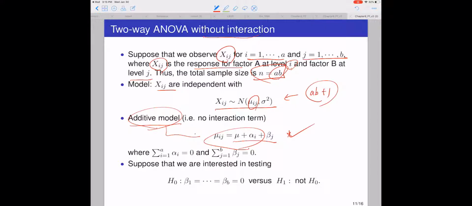So we cannot really use this model. We need to do something, and one approach is to consider this additive model.